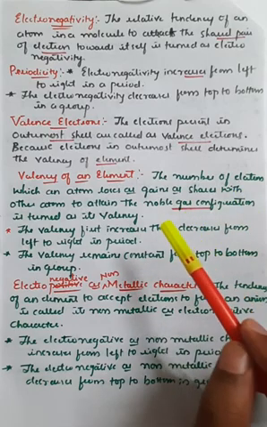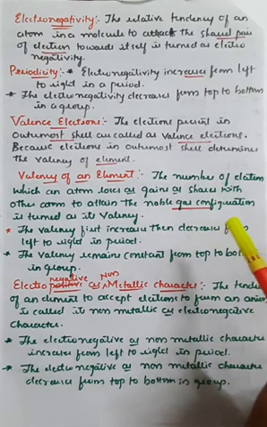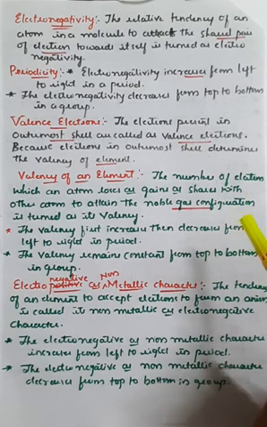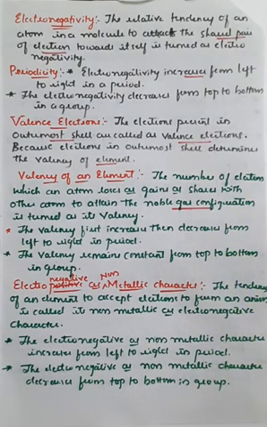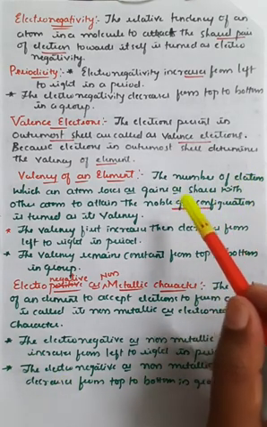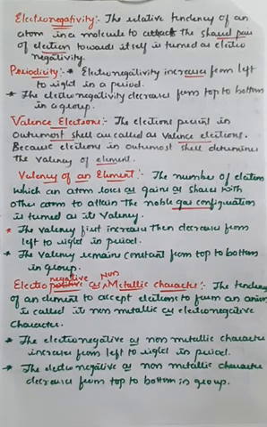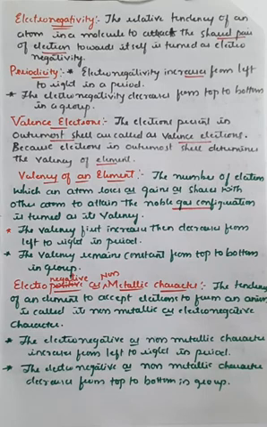To get it, an atom must donate electrons, accept electrons, or share them with another atom, and then it becomes stable. So valency is the number of electrons an atom loses, gains or shares with another atom to attain the noble gas configuration.